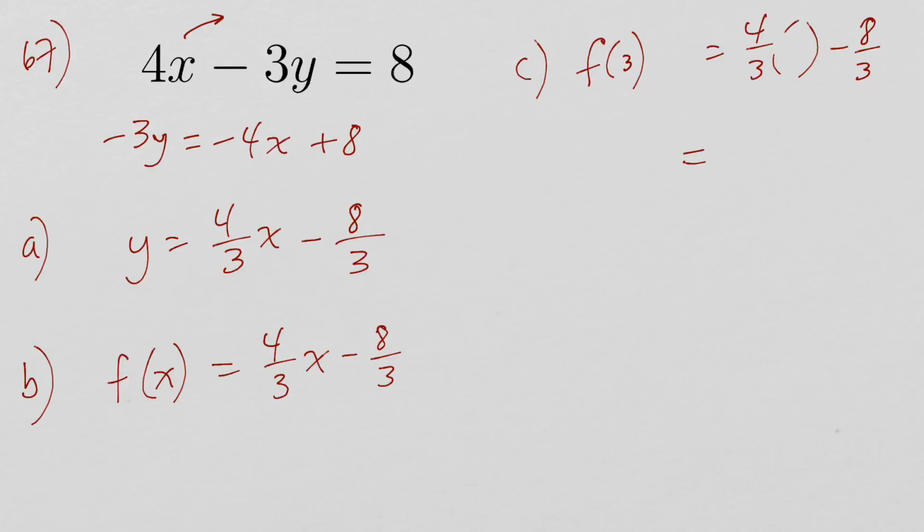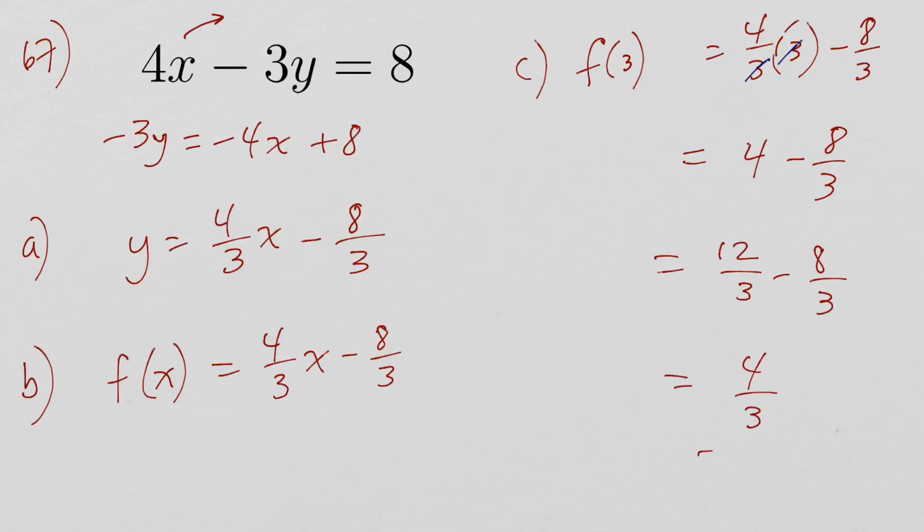This is going to be, this will cancel, so we'll have 4 minus 8/3. So let's make a fraction. So this is going to be 12/3 minus 8/3, which will be 4/3. So that's f of 3.